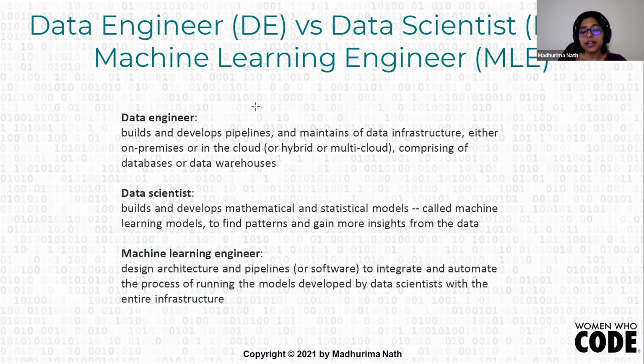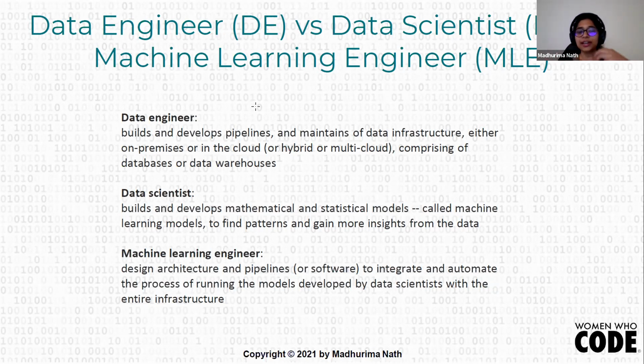And a machine learning engineer works very, very closely with data scientists. What a machine learning engineer will do is design the architecture or pipeline to integrate and automate whatever a data scientist has done, so that it can be a part of this entire system.